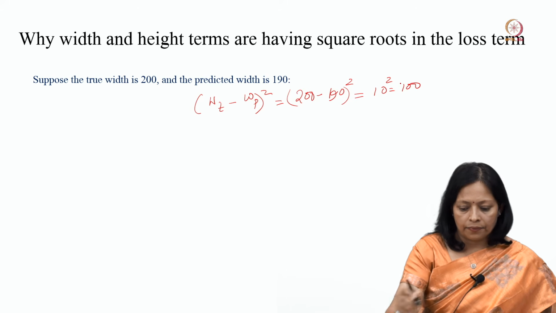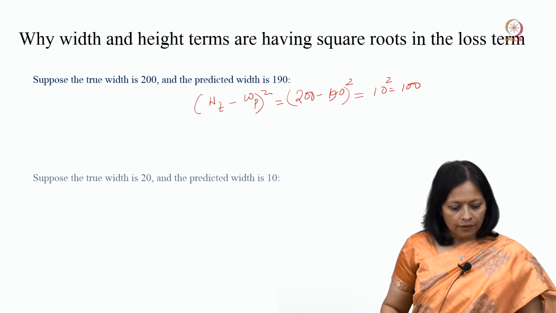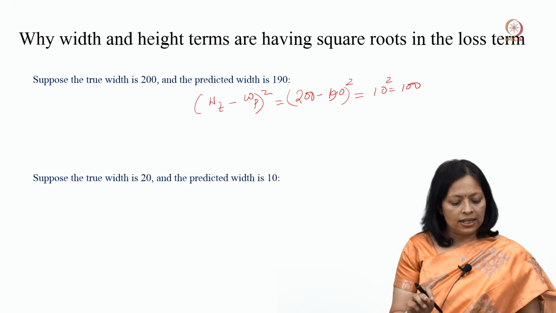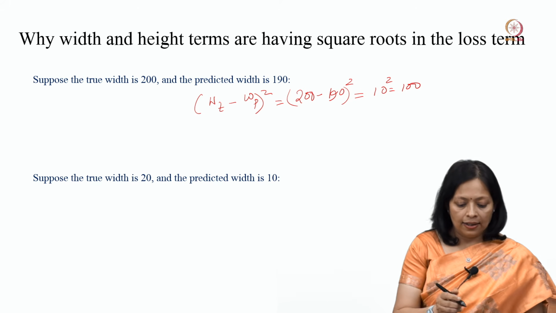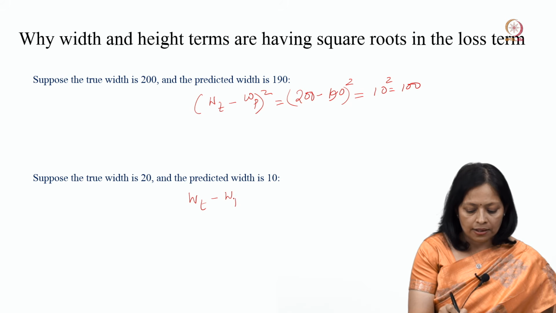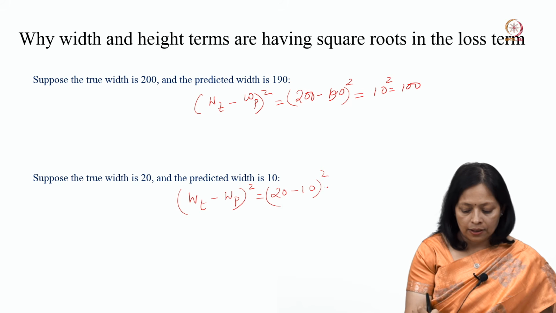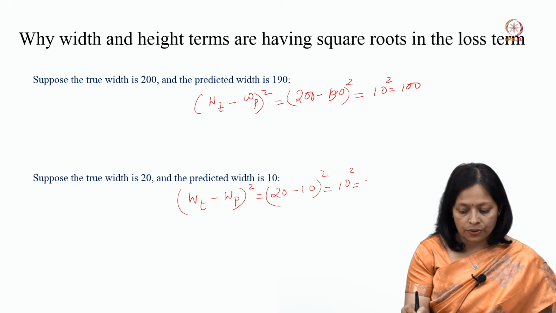Now, think of the case where the true width is 20 and the predicted width is 10. In that case also, Wt minus Wp square equals 20 minus 10 whole square, that is also 10 square, which is equal to 100.